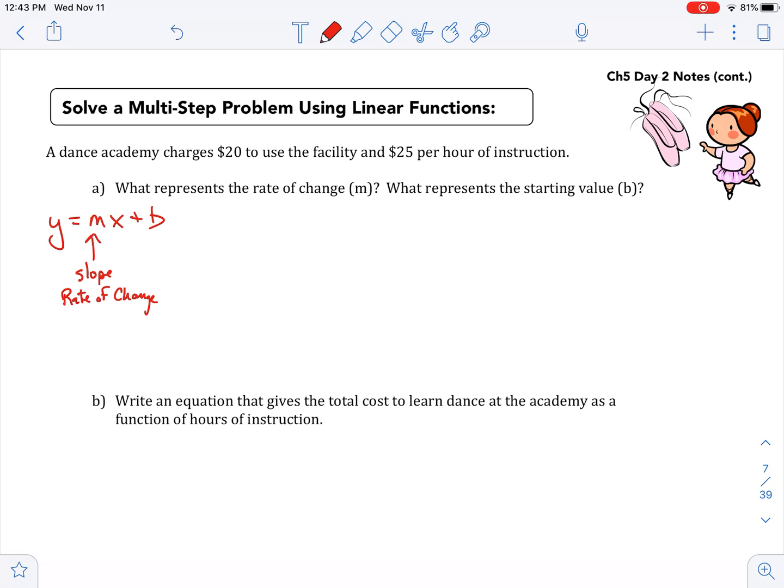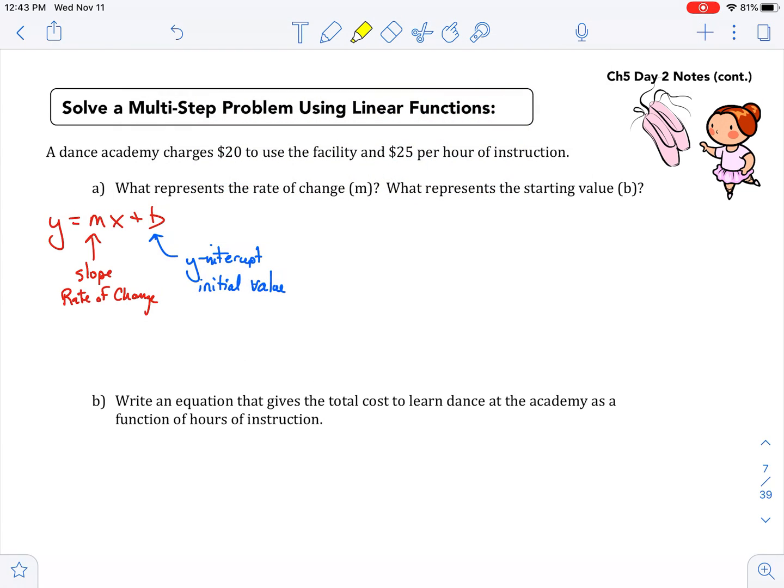We have the b value, which can represent the y-intercept, and in a model problem might correspond to an initial value. So let's read this scenario.